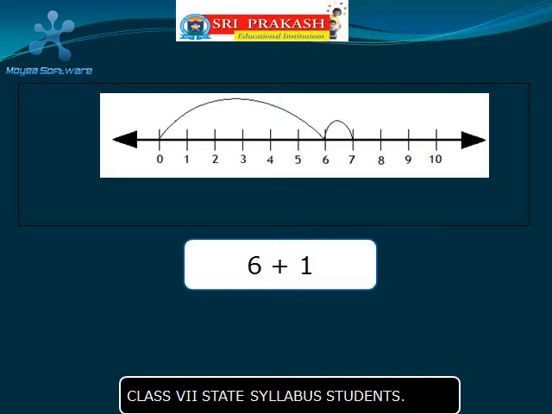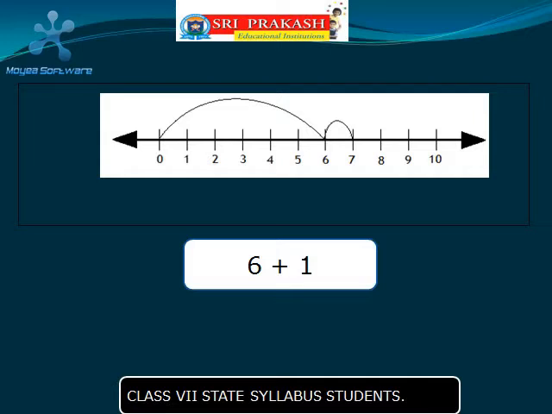The first number is 6. So we move towards right side from 0 by 6 units or 6 places. 1, 2, 3, 4, 5, 6.